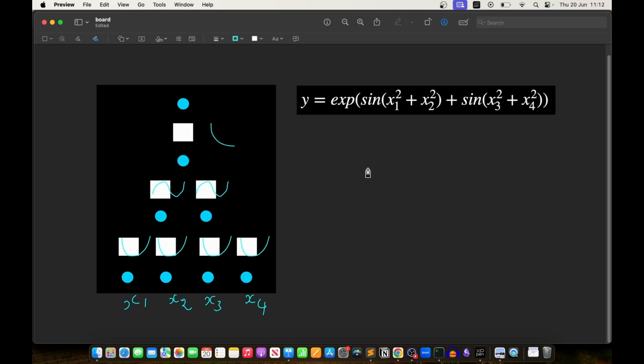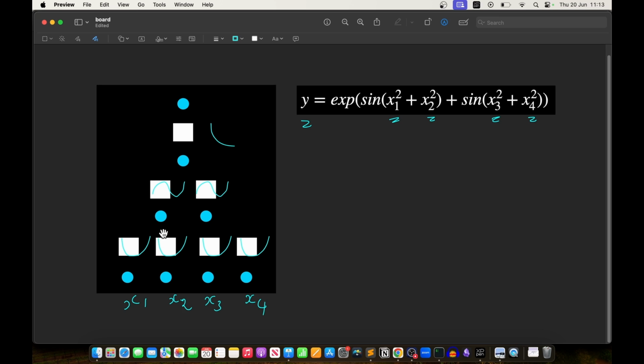Let's take a slightly more sophisticated toy example where we know that the data is generated with a known equation that's given here. We have four variables, x1, x2, x3, and x4 at the input, and y at the output.